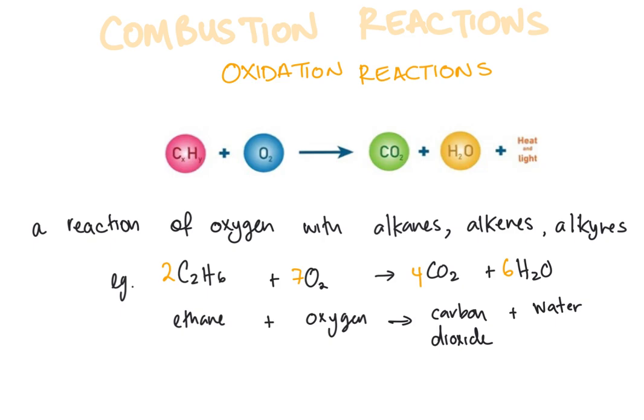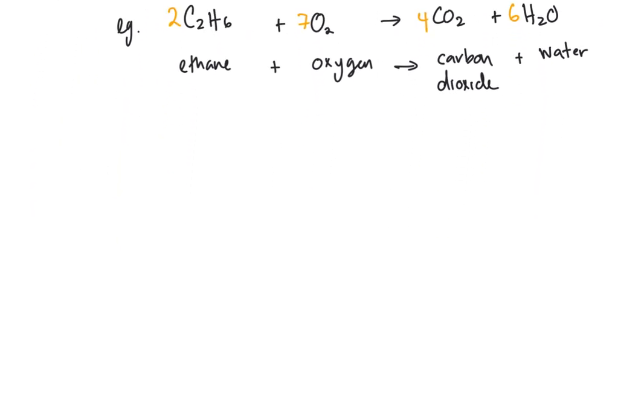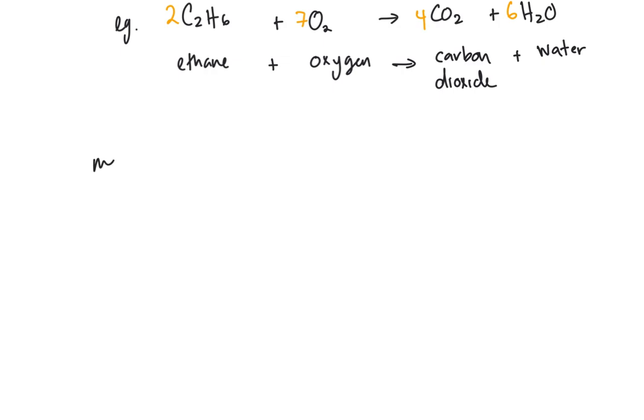You're always going to have a fuel plus your oxygen, and your products must be carbon dioxide and water. If they ask you to draw a structural formula, for example, methane plus oxygen gives carbon dioxide and water.